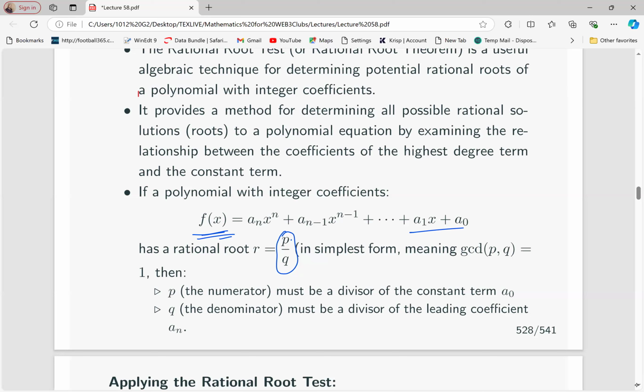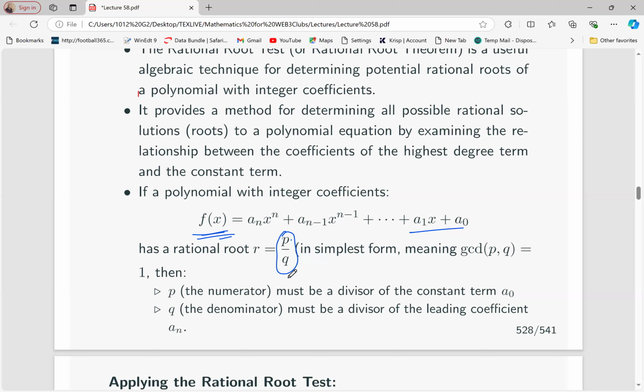After we come up with all those, we then want to find out which of these is the exact root. The rational numbers we suspect could be roots, we come up with them. After that, we go one by one, verifying to see which of them is a root.